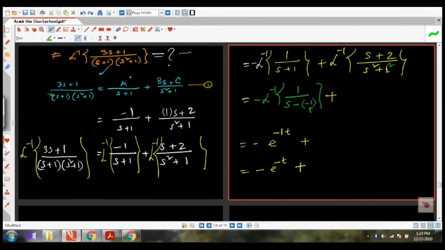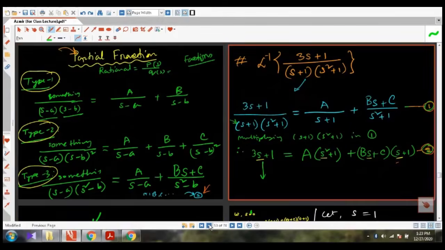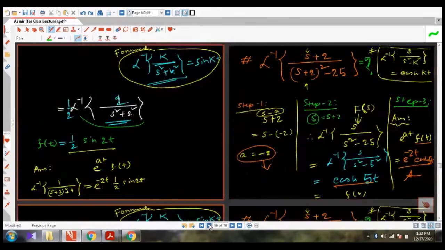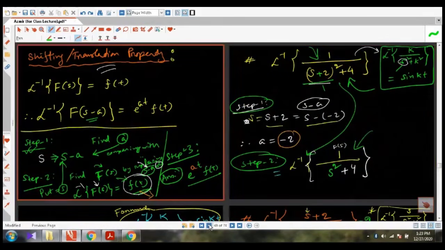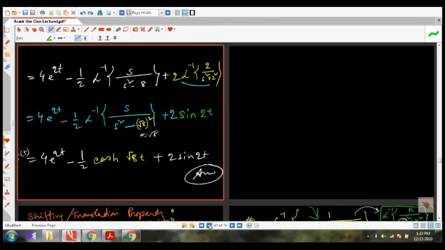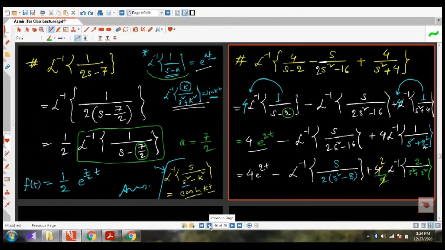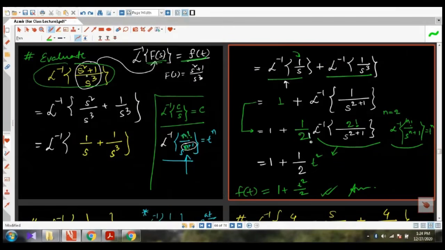So what can we do here? Can anyone guess? You can remember that when we started the Laplace transformation problems, the first problem, we started with this concept.